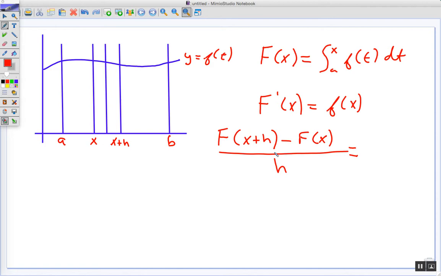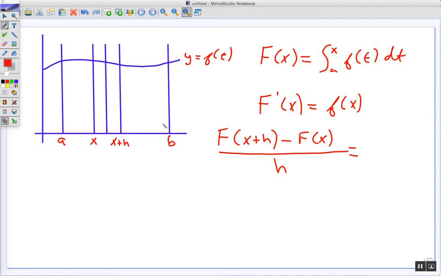Well, first let's think about what this is saying. This is representing that we are integrating, or calculating the area under the curve from a to x plus h.